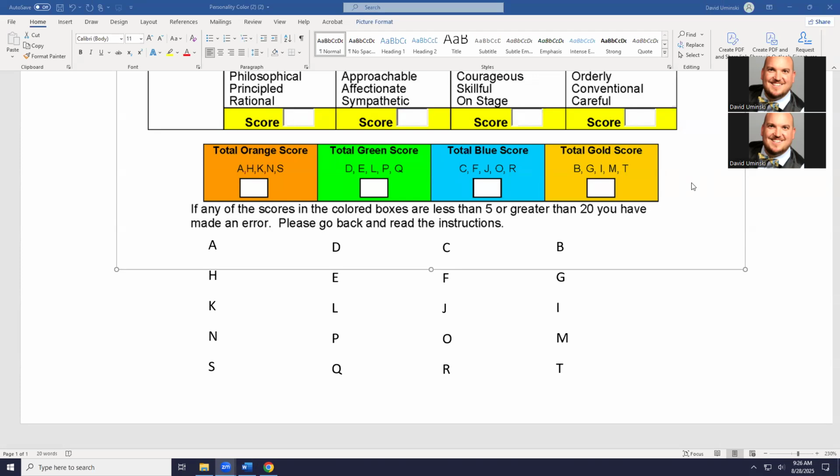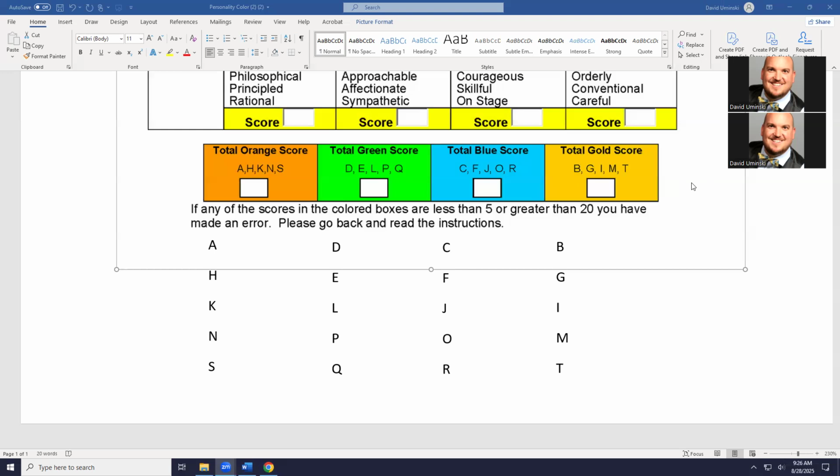AHKNS underneath the orange box, and then write the number that you wrote in that box. That way you can write a traditional math problem, plus and then equal it all up, so you're not trying to remember from line to line what number you're at. Whatever number you wrote in the A box, you write that number next to it. The H, the same thing, and so forth.